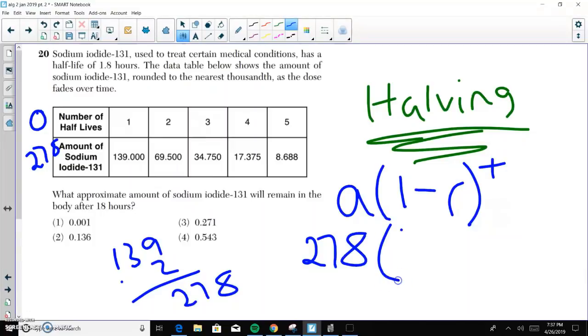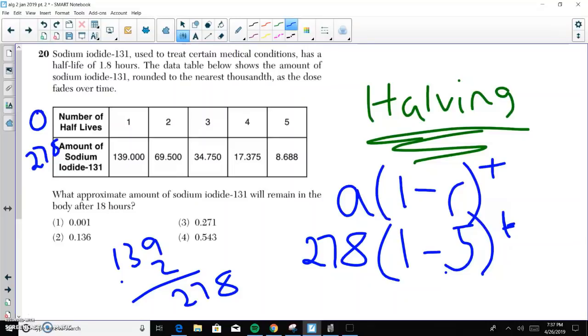So 278 times (1 minus, we don't know yet) to the t. The rate, we actually do know. It's going to be 0.5 because of the half-life. Because it's divided by 2, the rate's 0.5. Half of 1 is 0.5.